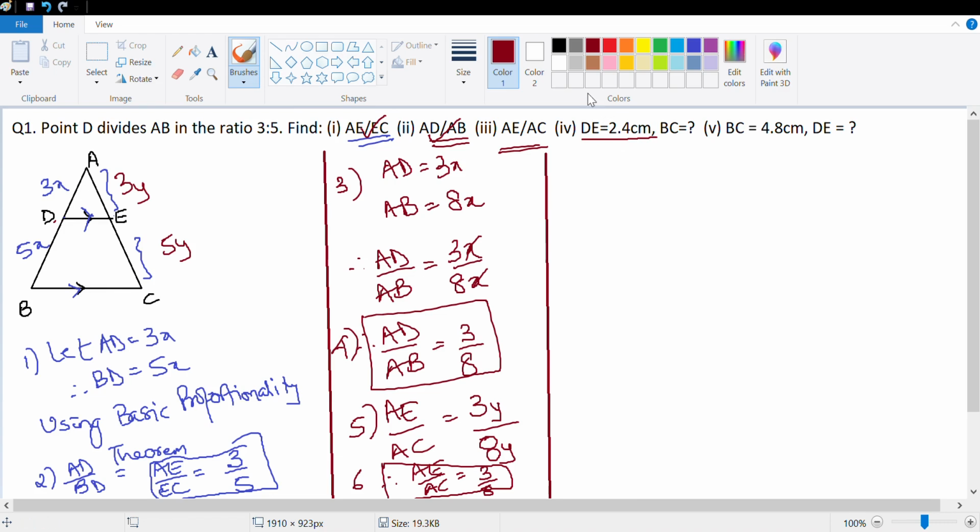If DE is equal to 2.4 centimeter, what is the value of BC? Let's see, where is DE? So DE is the line joining these 2 points. So then we'll have to use similarity. So let's try and prove these similar. So it's point number 7.